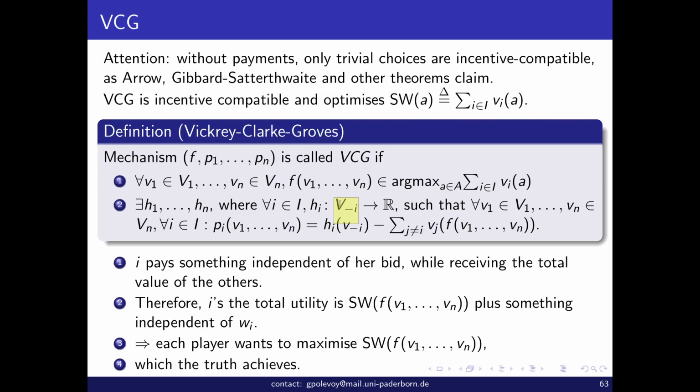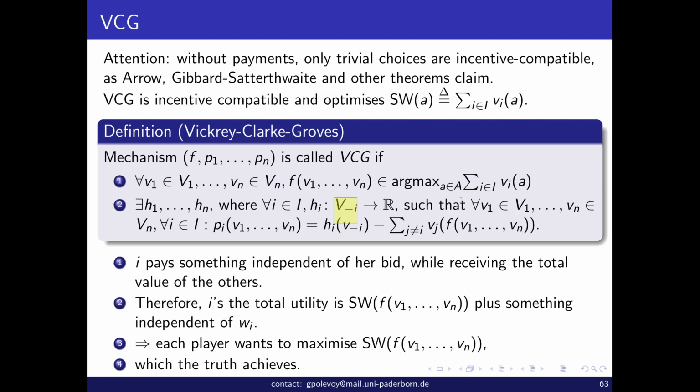So the strategy of the player is what they call bid. Whatever the player tells as her value function, that's the bid. The strategy also is: I choose what to tell, truth or not. So the h depends only on what the others tell. That's crucial.